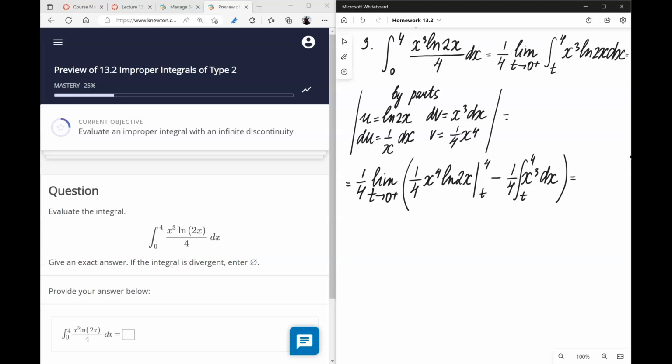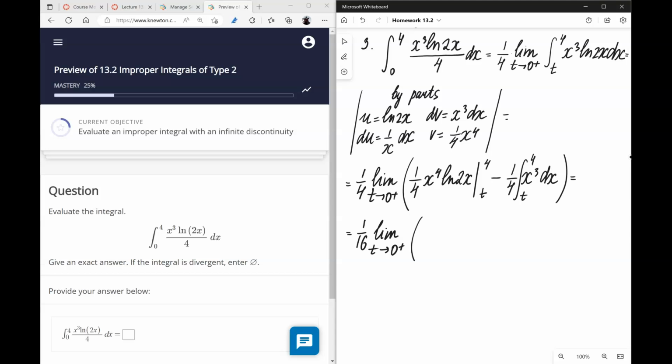So we have a lot of 1/4 there. I'm going to take that 1/4 out. So now we have 1/16 limit as t approaches 0 plus. And we have, so now I'm plugging in 4.